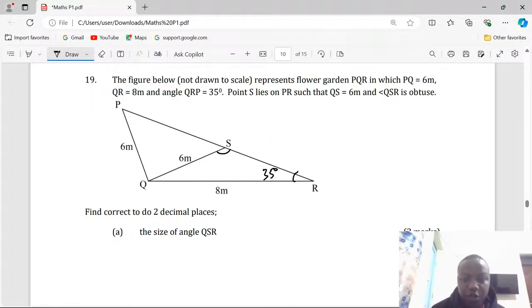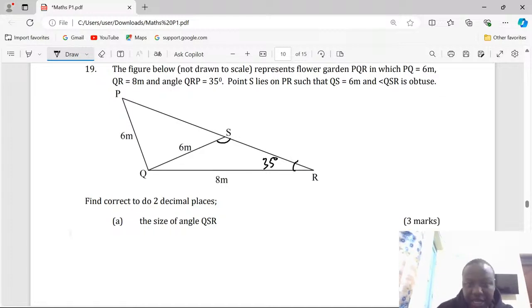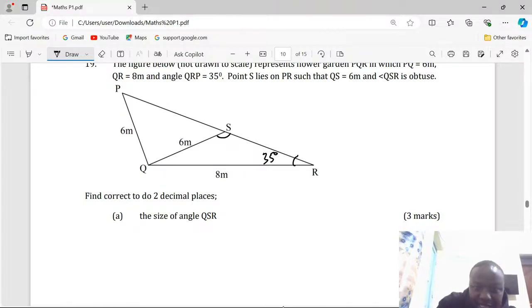We can use what we call the sine rule. Following triangle QSR, the angle there is S, but the side here is small letter s.